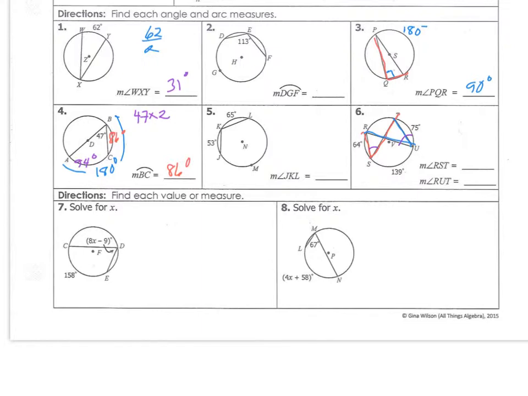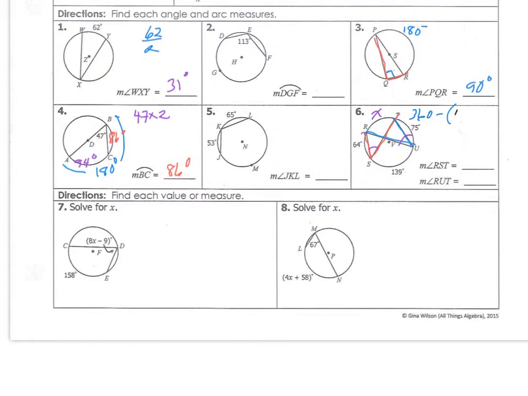I have been given this measure here, this measure here, and this measure here. All that's left is this unknown, which I'm going to call x. How are you going to find that? 360 minus 75. Yeah, so we're going to take 360 and subtract from that the sum of what they have given us.